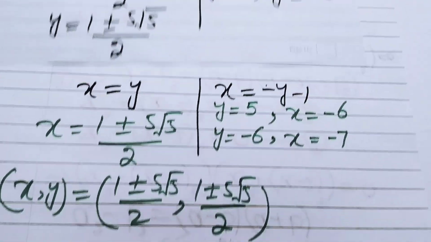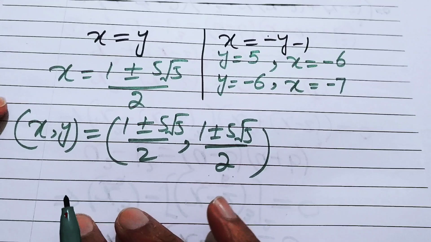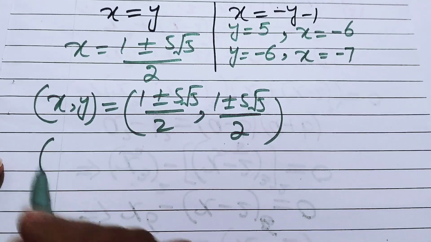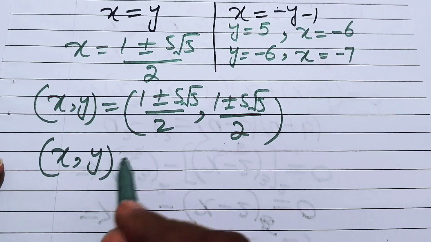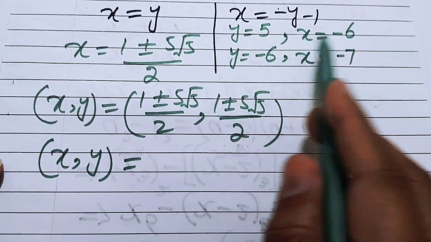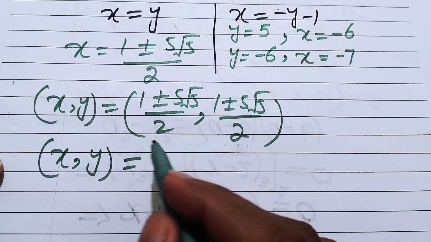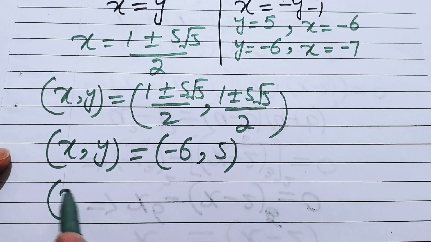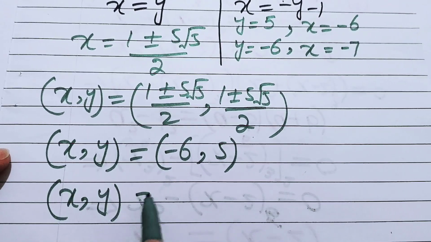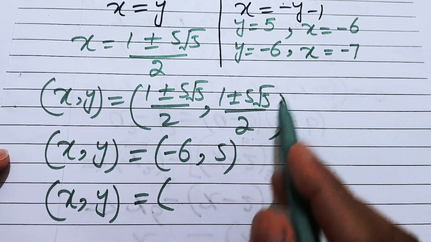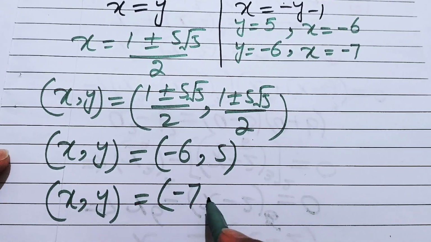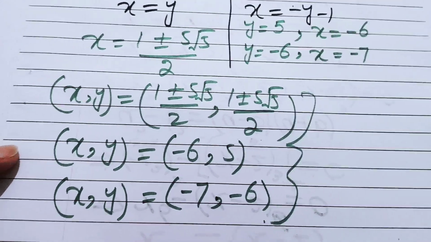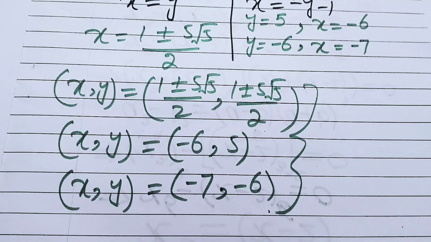So here we get two more pairs of values of x and y, and these pairs of values are (x, y) equals to, so first we have this pair which is x minus 6. Here when x is minus 6 we get y 5, and our third ordered pair of values will be x is minus 7 and y is minus 6. So these are all the pairs of this question, and this is the final answer.